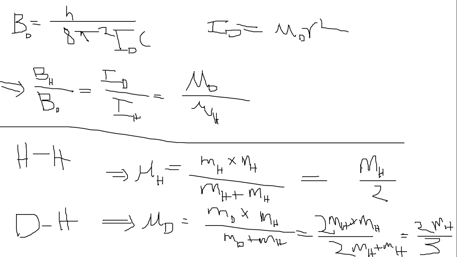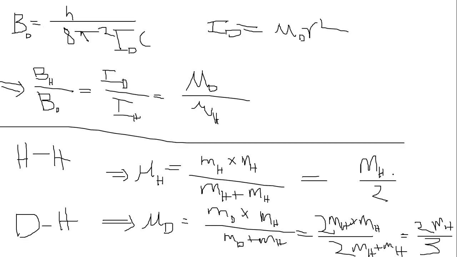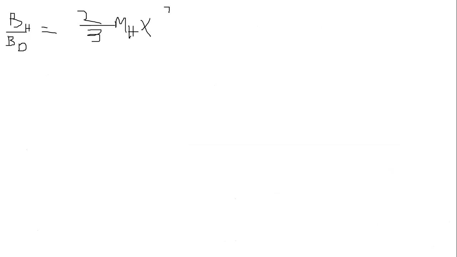So in that case, what will be the ratio of Bh by Bd? Bh by Bd is mu d by mu h. mu d is 2mH by 3, so 2 by 3 mH into 2 by mH.